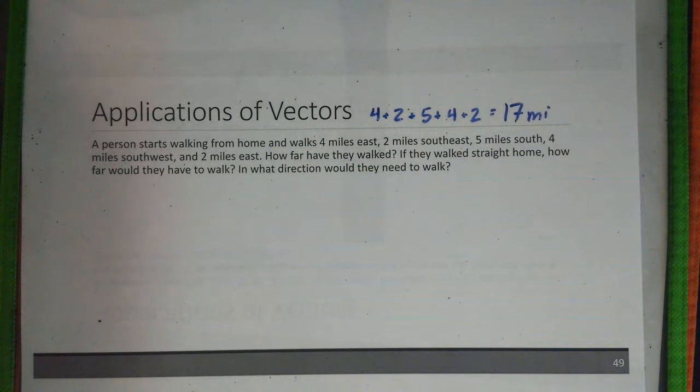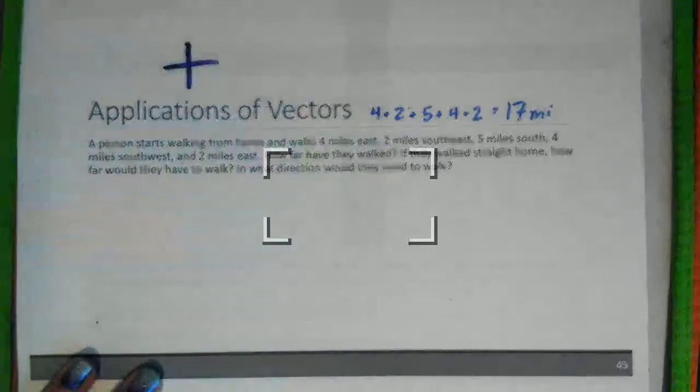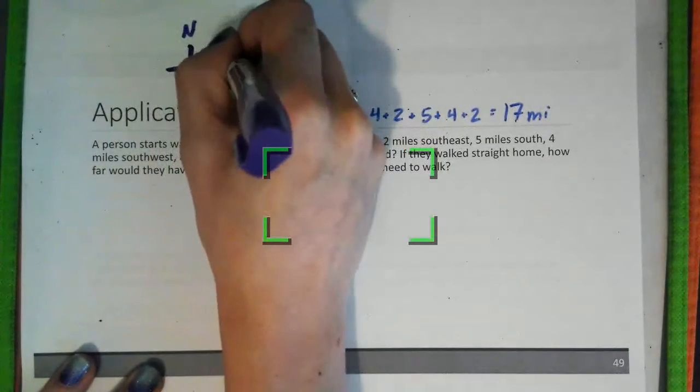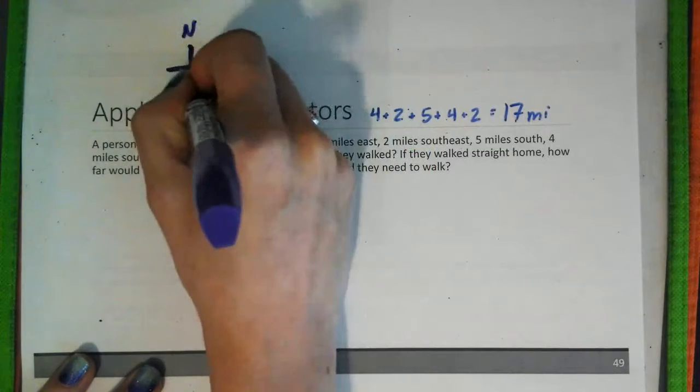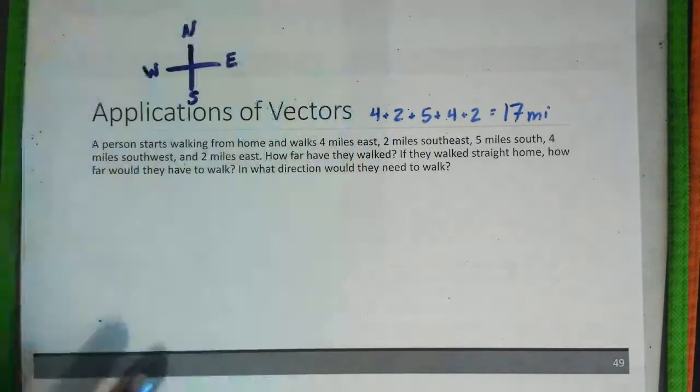Now for the rest of this, we are looking at them at their final spot, trying to go back home. So I'm going to try to draw a picture of what's going on here. We have to be careful with our directions, make sure we don't miss anything there. So looking at directions, up is north, right is east, down is south, left is west.